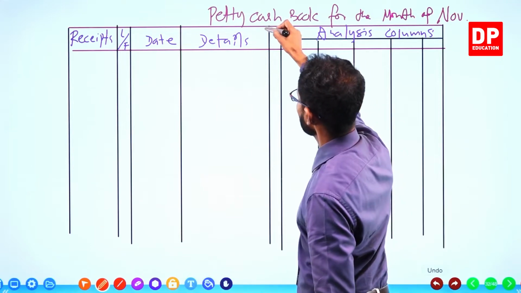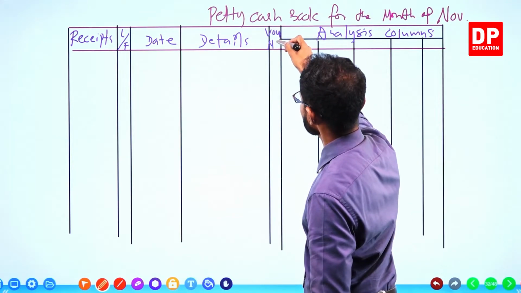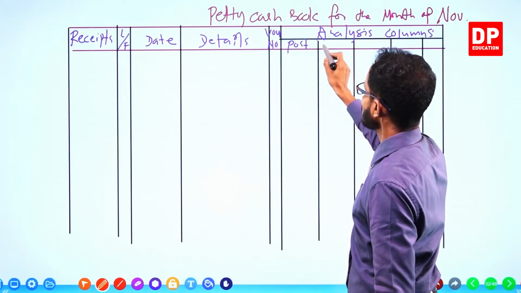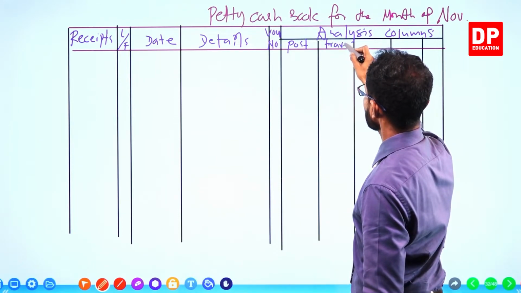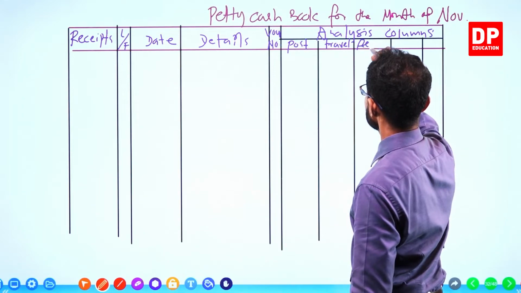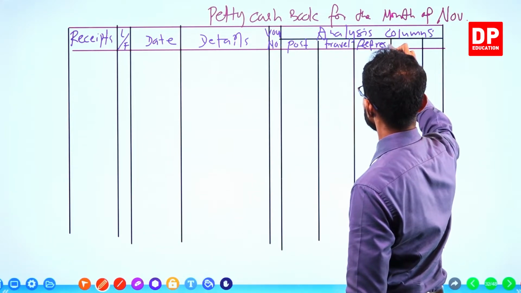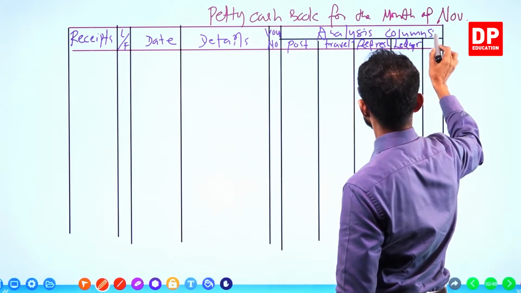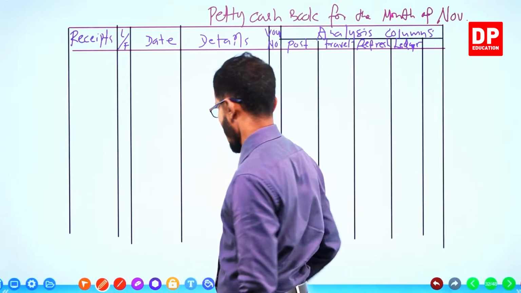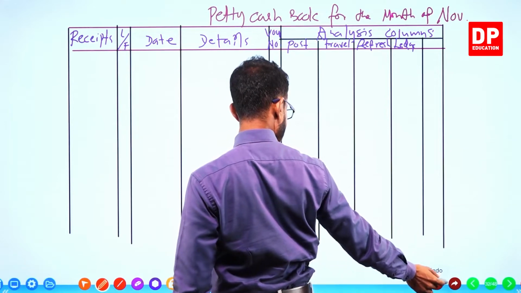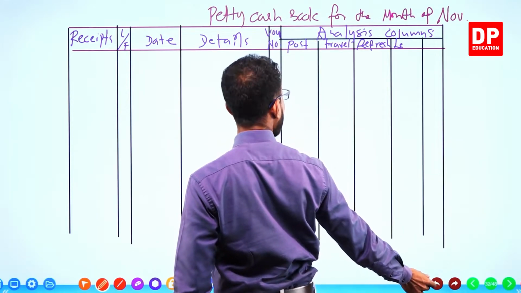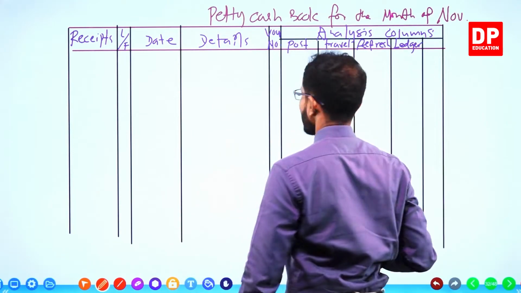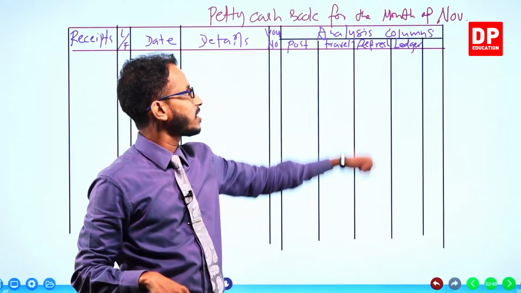Analysis columns, we have postal, traveling, refreshments, ledger account. Okay.